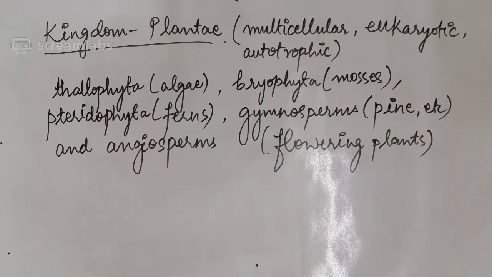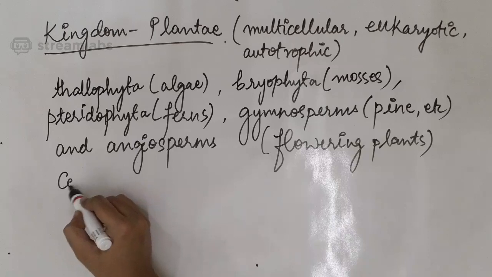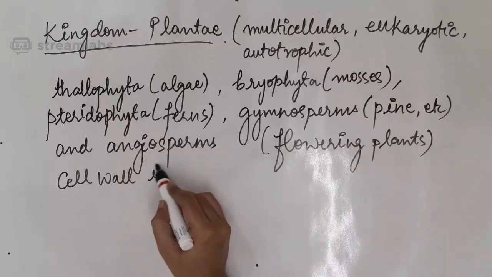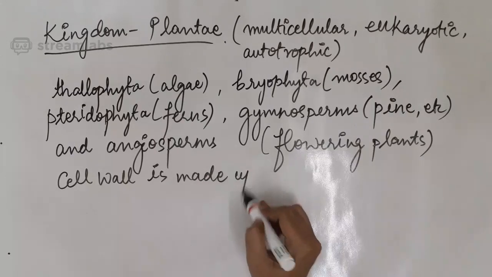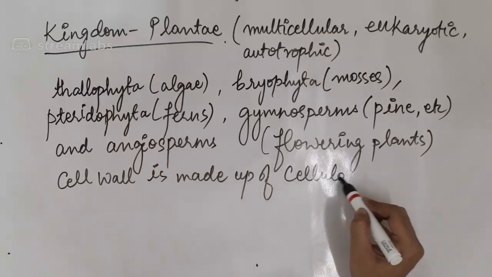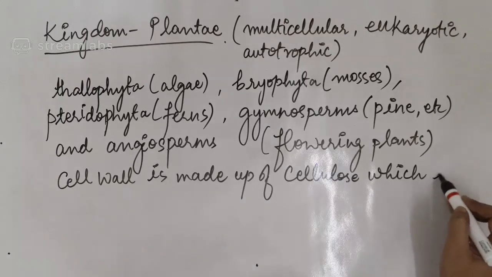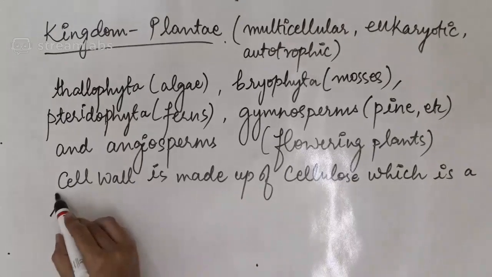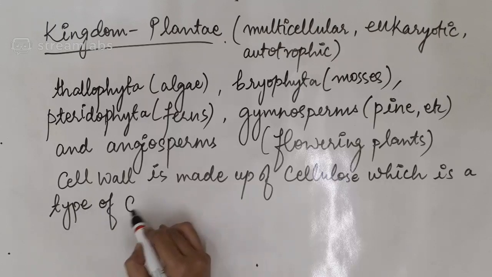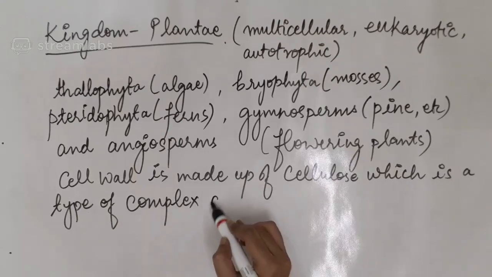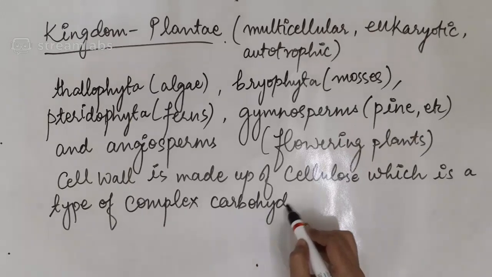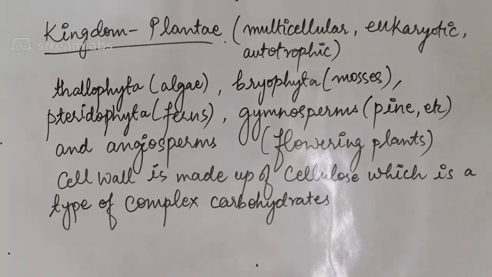Seed producing means they form seeds. The plants have a cell wall. The cell wall of plants is made up of cellulose, which is a type of complex carbohydrate. We already discussed what carbohydrates are. Carbohydrates are a mixture of carbon, hydrogen and oxygen in the ratio of 1:2:1.